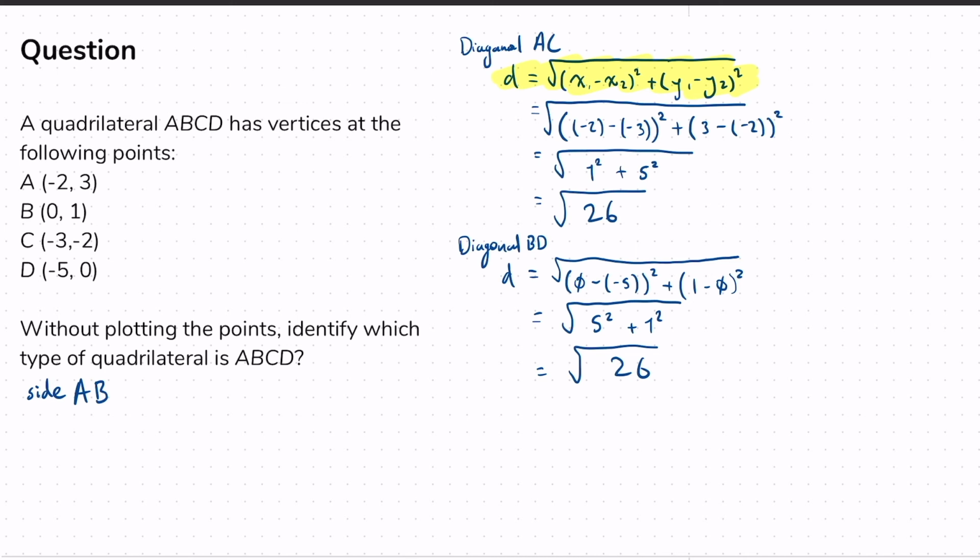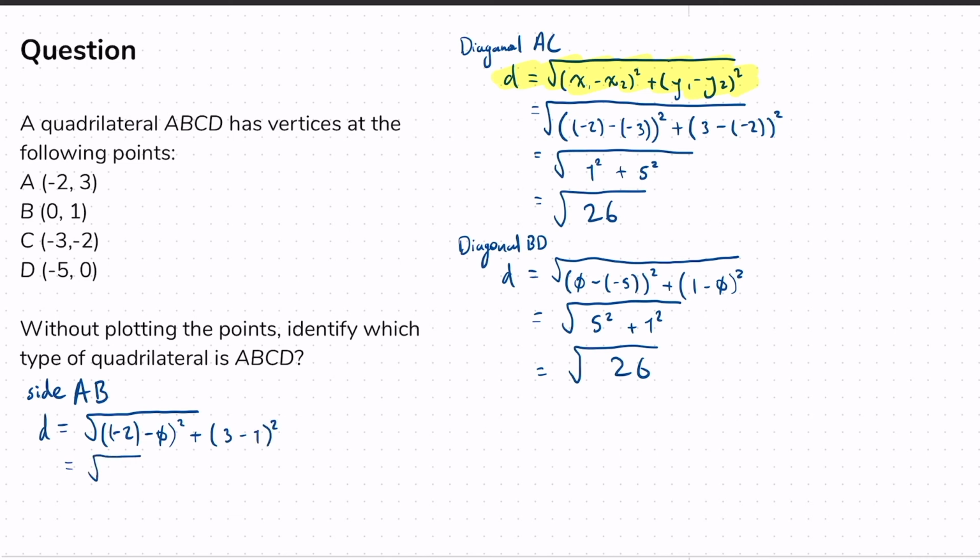So side AB, the distance there, we've got minus 2, let's just put another bracket in there, minus 2 minus 0 plus 3 minus 1 squared.